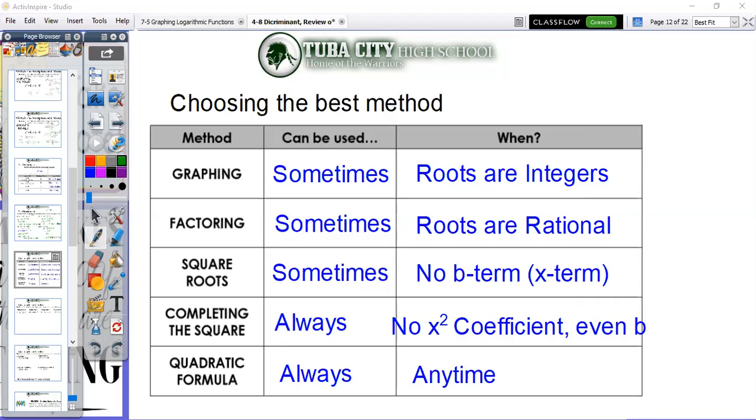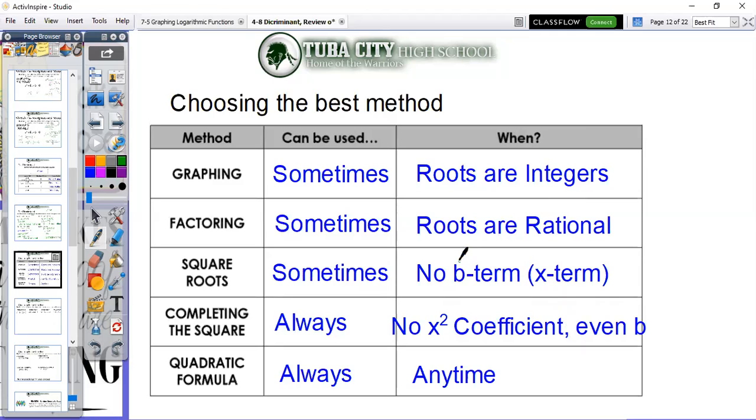All right, and then the next one is the square roots. So when can you use square roots? Well, this one we kind of missed early on, because remember when we were working on the one quadratic where we were using all methods, we didn't use it. So the best time to use it is when you have no b term.